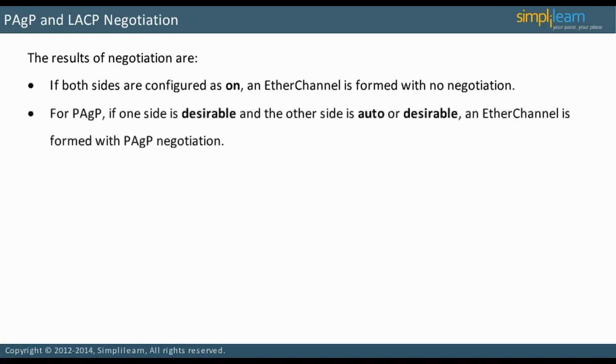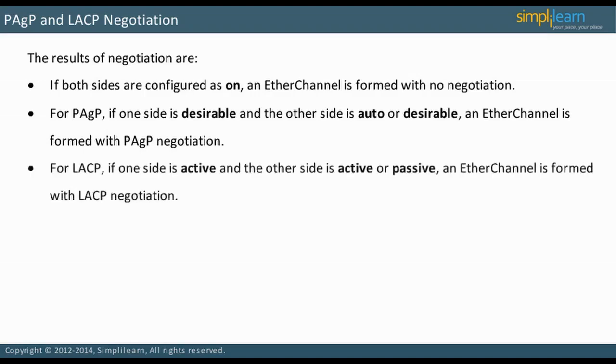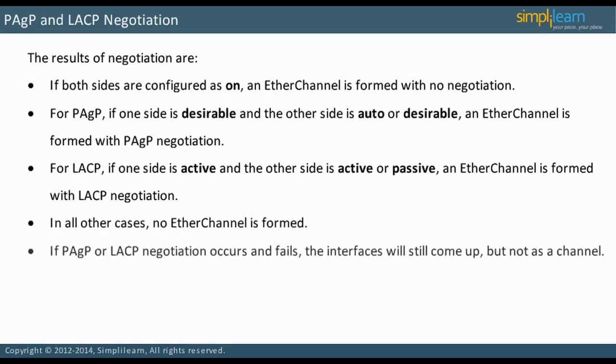For PAgP, if one side is desirable and the other side is auto or desirable, an EtherChannel is formed with PAgP negotiation. For LACP, if one side is active and the other side is active or passive, an EtherChannel is formed with LACP negotiation. In all other cases, no EtherChannel is formed. If PAgP or LACP negotiation occurs and fails, the interfaces will still come up, but not as a channel.